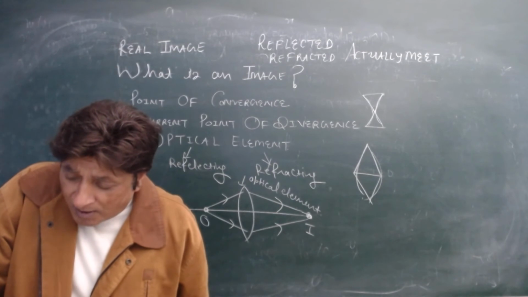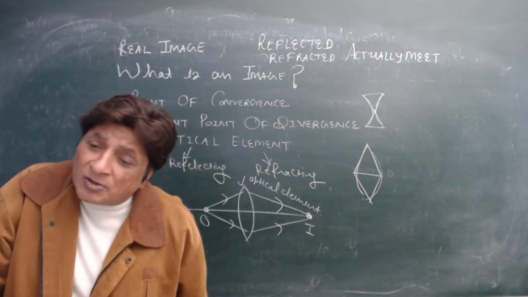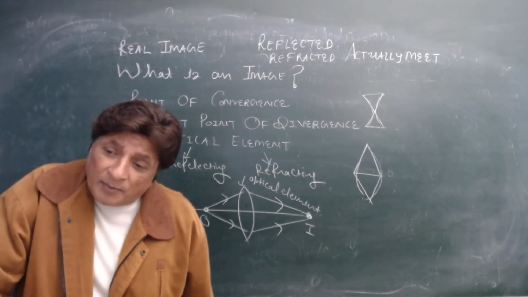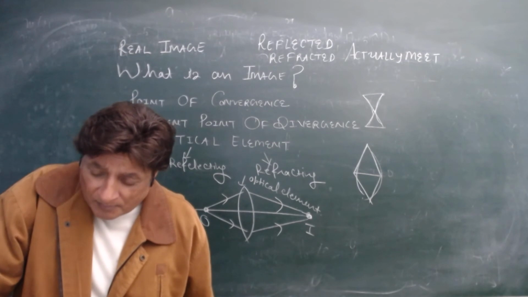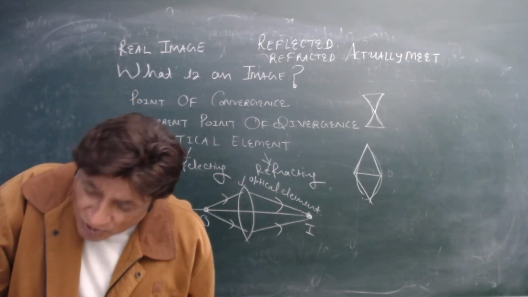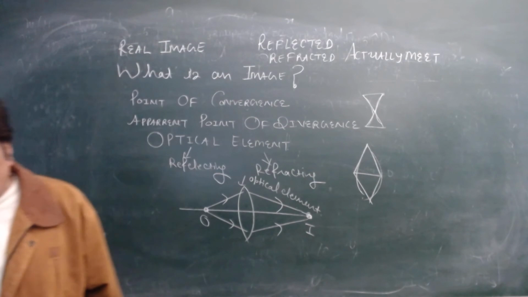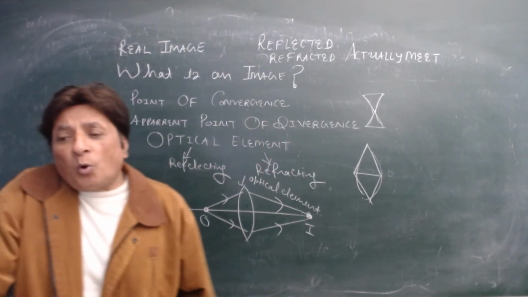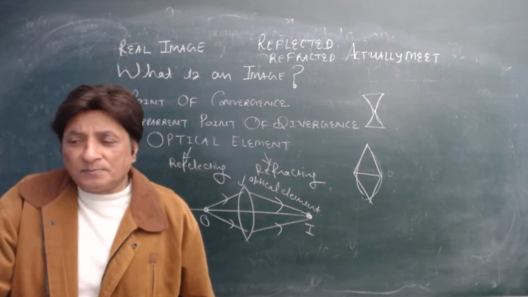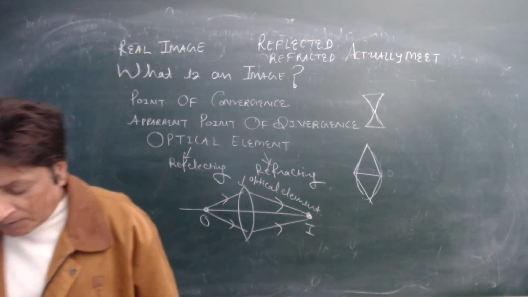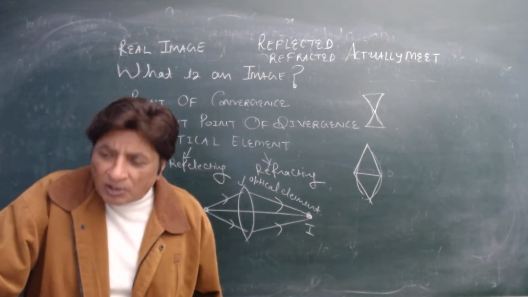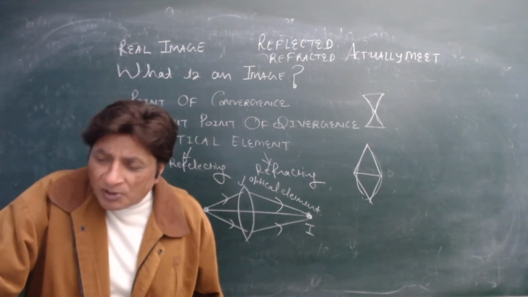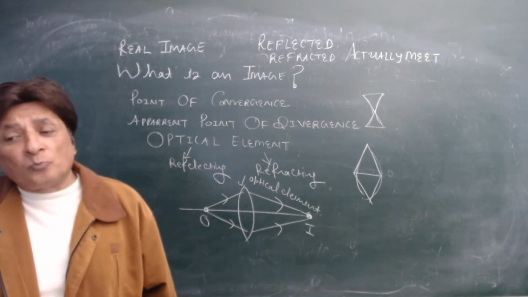If a screen is placed at that point, a bright spot will be visible on the screen. Thus, a real image can be captured on a screen.